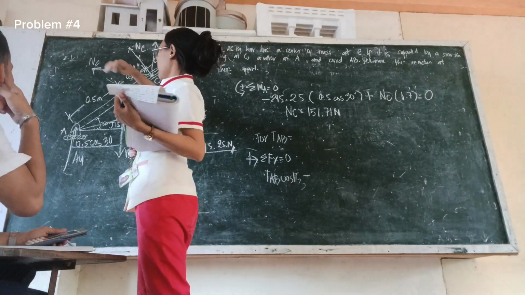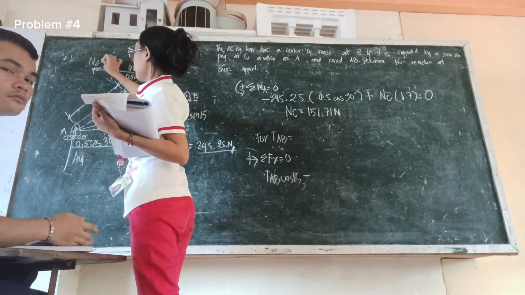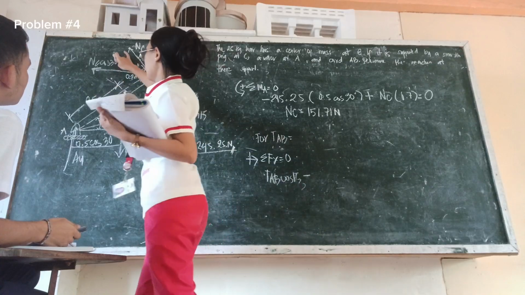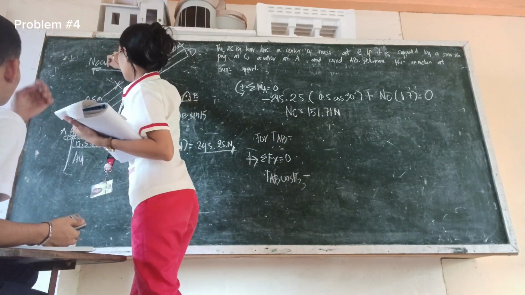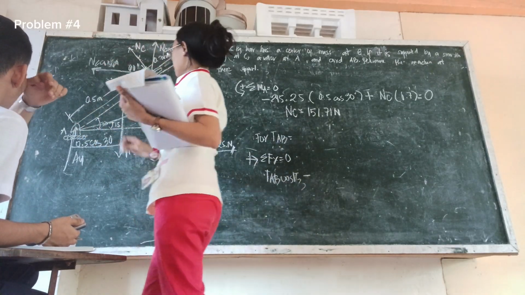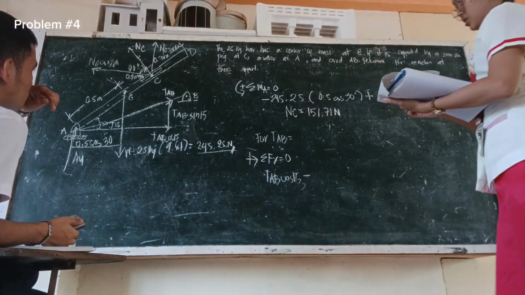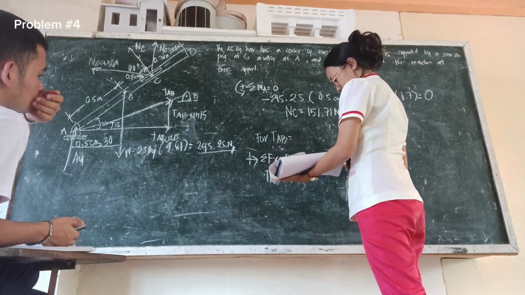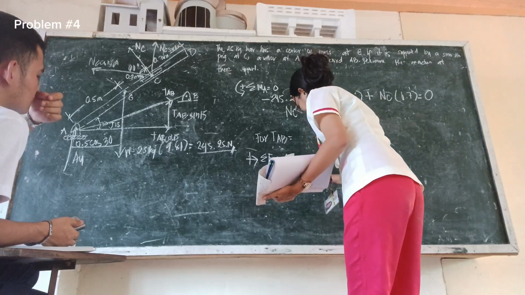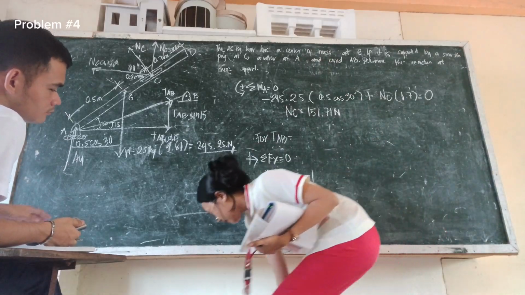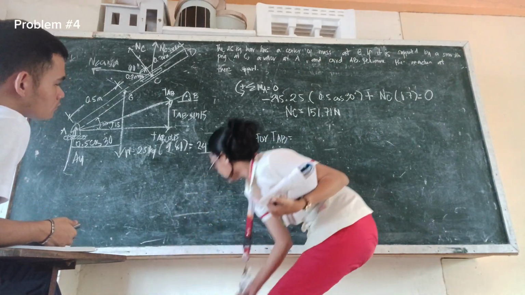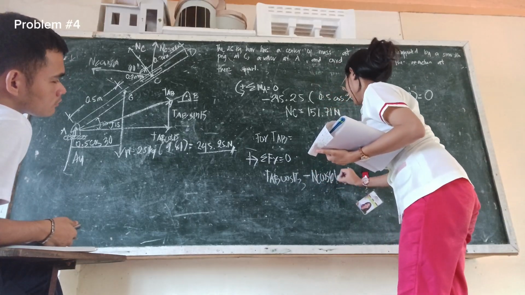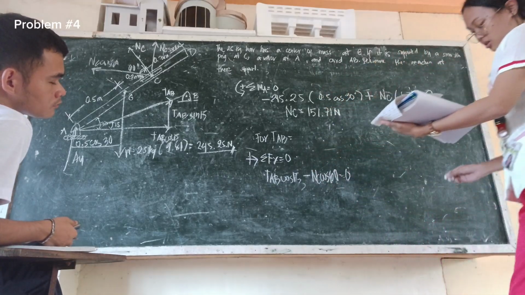At the horizontal direction, NC cosine 60 degrees. So TAB cos 15 minus NC cos 60 is equal to 0.